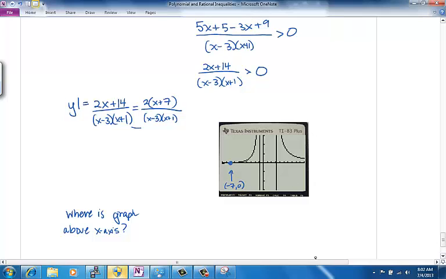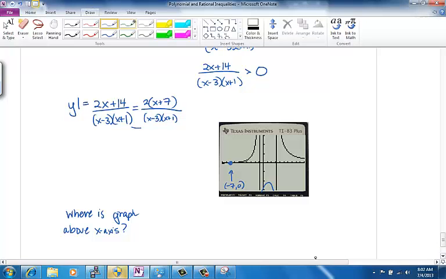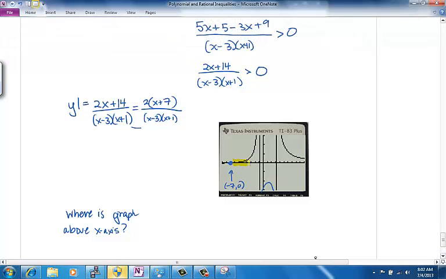And we know from what we just saw that the graph in this middle stretch is below the x-axis. So just above the x-axis looks like this stretch, and this stretch. Let's see, -7 to -1, where that vertical asymptote is, and then 3 to infinity.